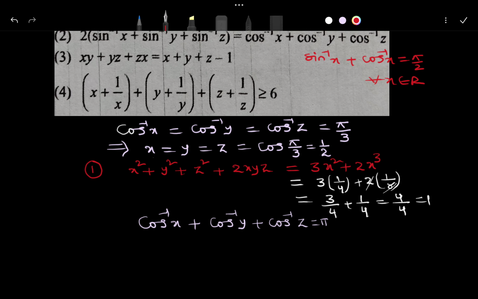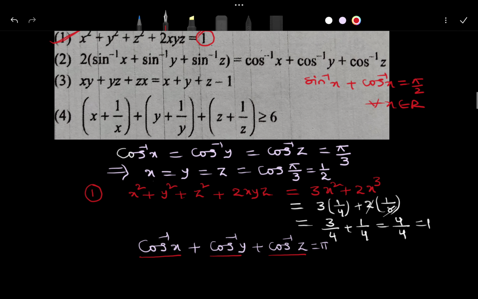By using this, you convert every term, cos inverse x, cos inverse y, cos inverse z, into sine. Why should you convert into sine? Here the second option is 2 sine inverse x plus 2 sine inverse y plus sine inverse z equal to something in terms of cos.